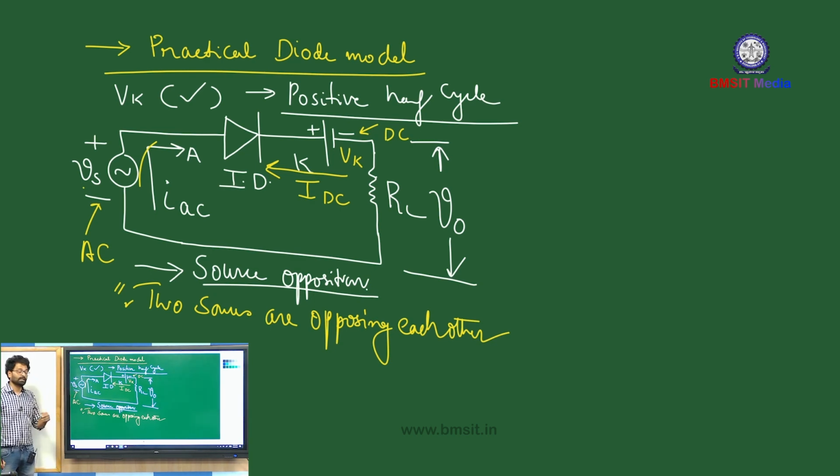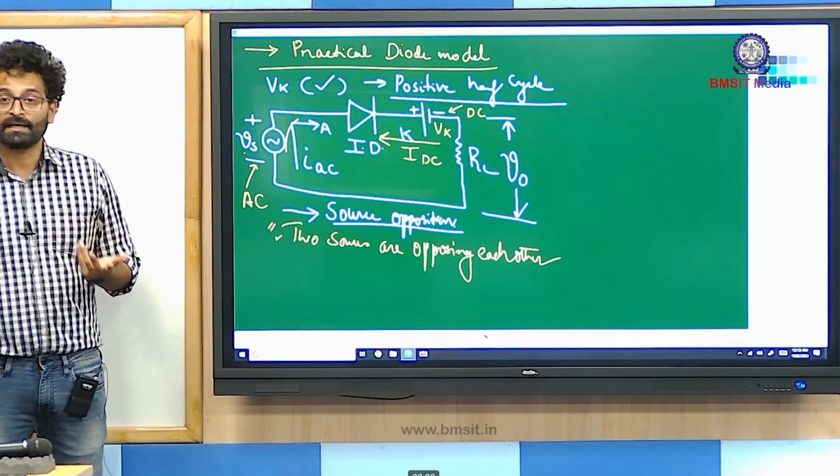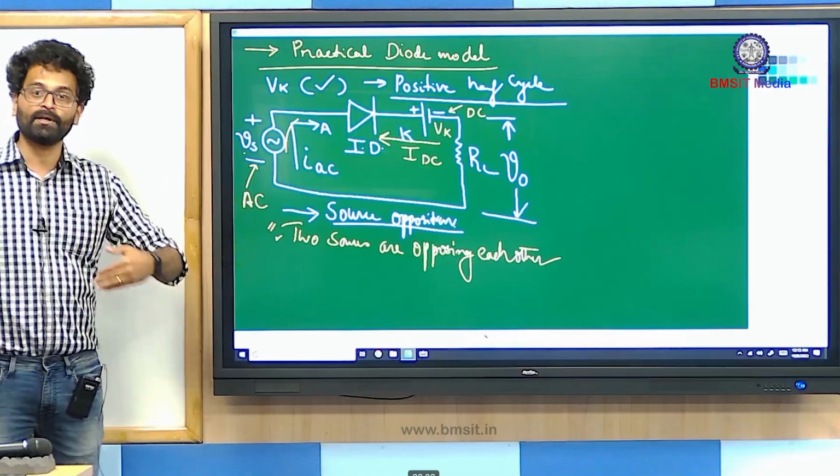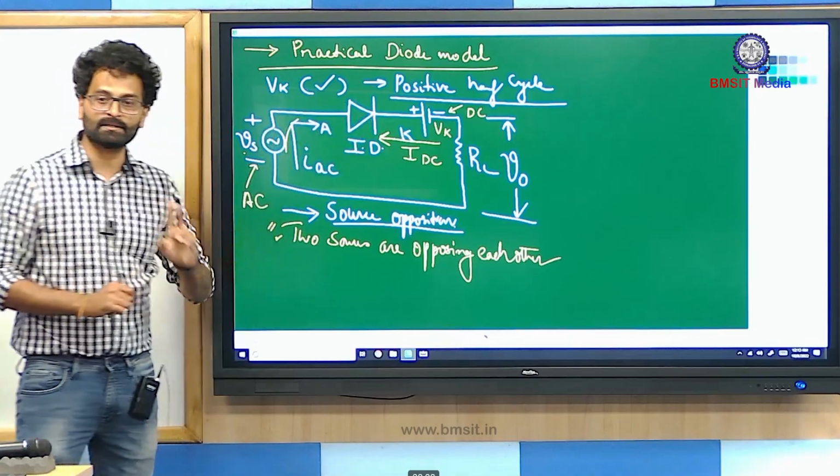So Vs can assume infinite instantaneous values. For a positive half cycle, it can be at 0 volt level, 0.1 volt level, 0.2 volt level, and it will rise up to plus Vm, and then again fall to 0 volt level.